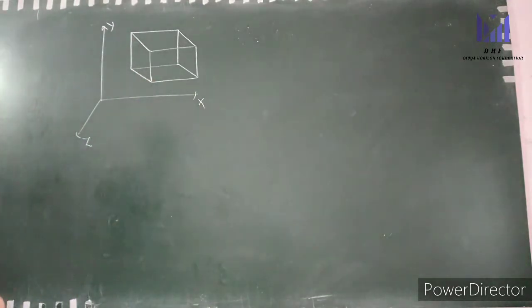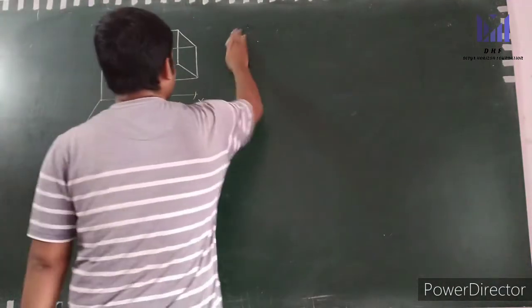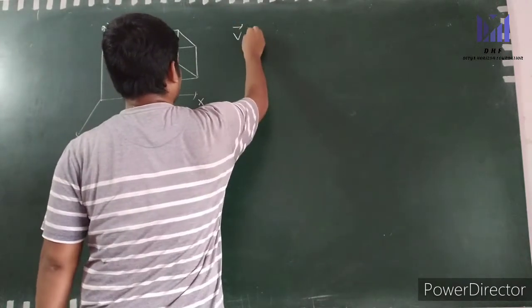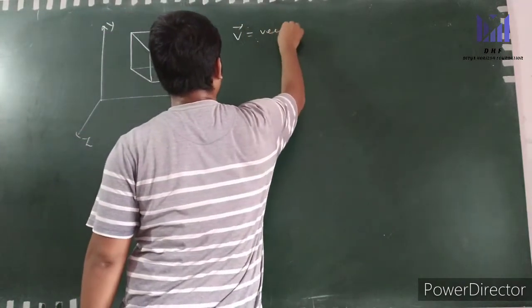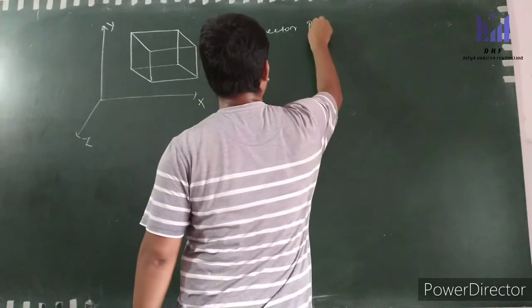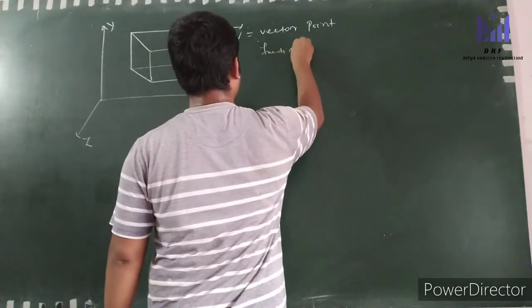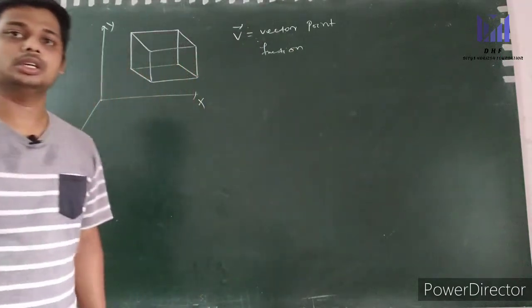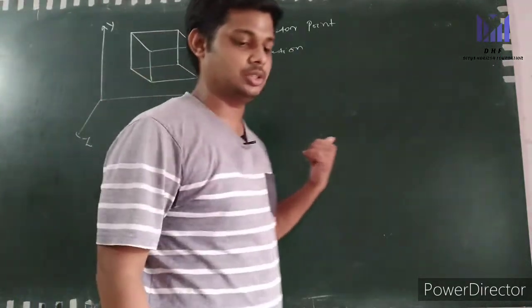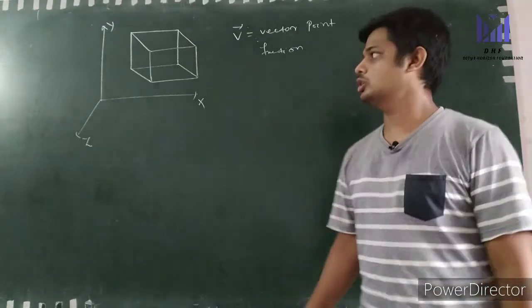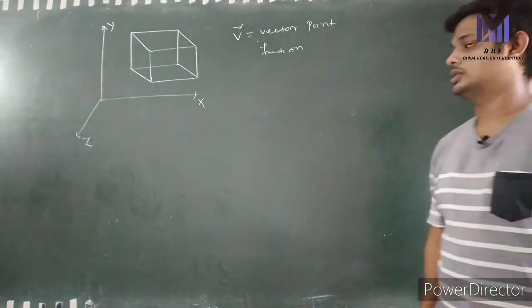And let's say V is a vector point function. Vector point function means V is a vector function which depends on the coordinates of three-dimensional space.